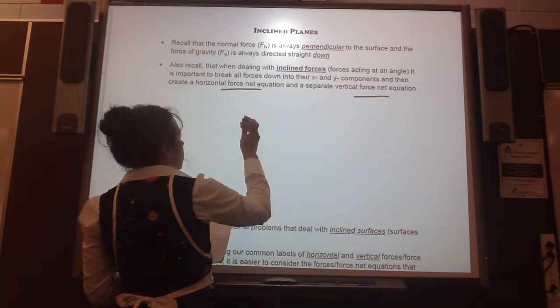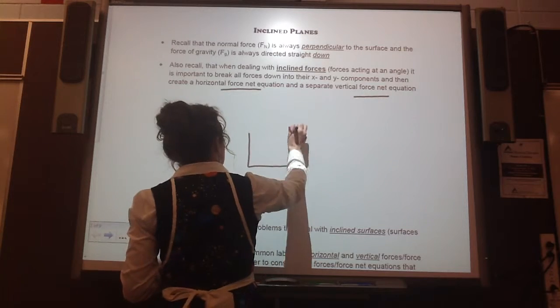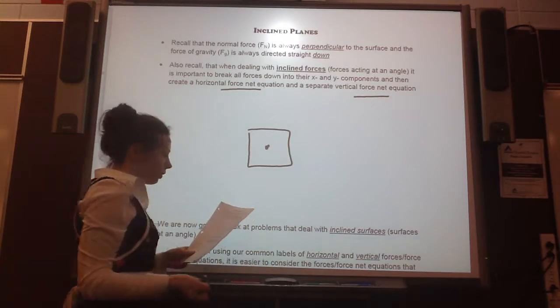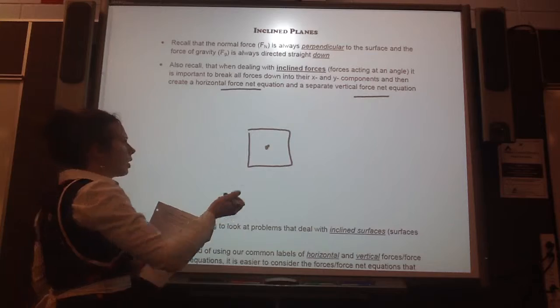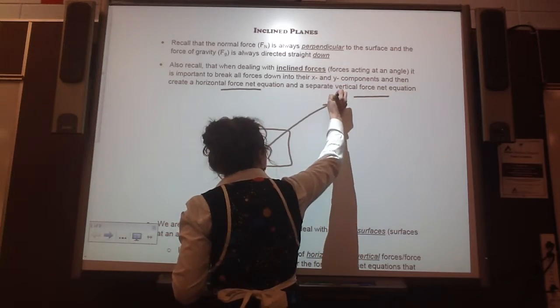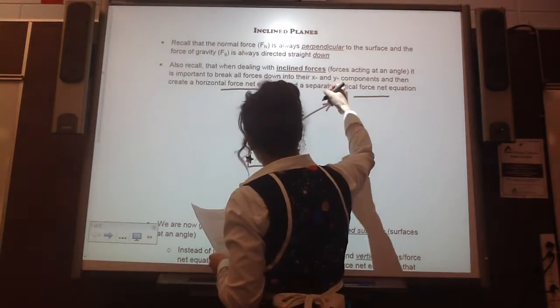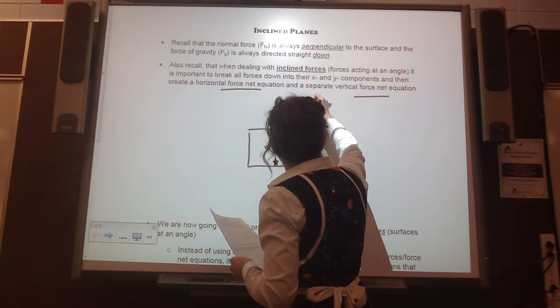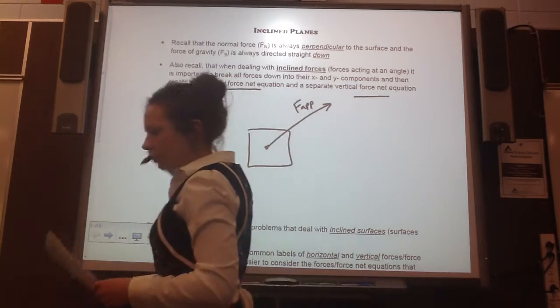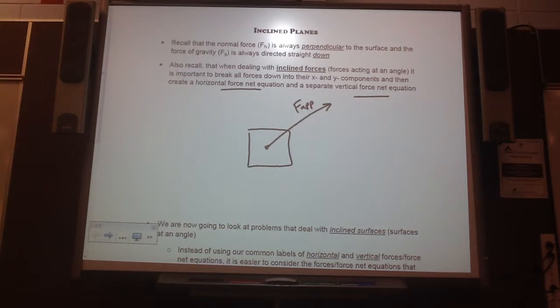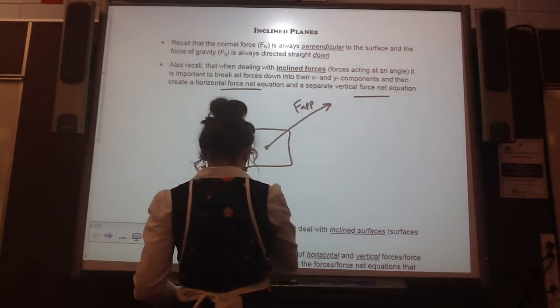So when we did inclined forces, we drew our object, put our circle in the middle, and since it's an inclined force, it's going at an angle, and this was F at an angle. Since that's going at an angle, we need to break it down into its two components.